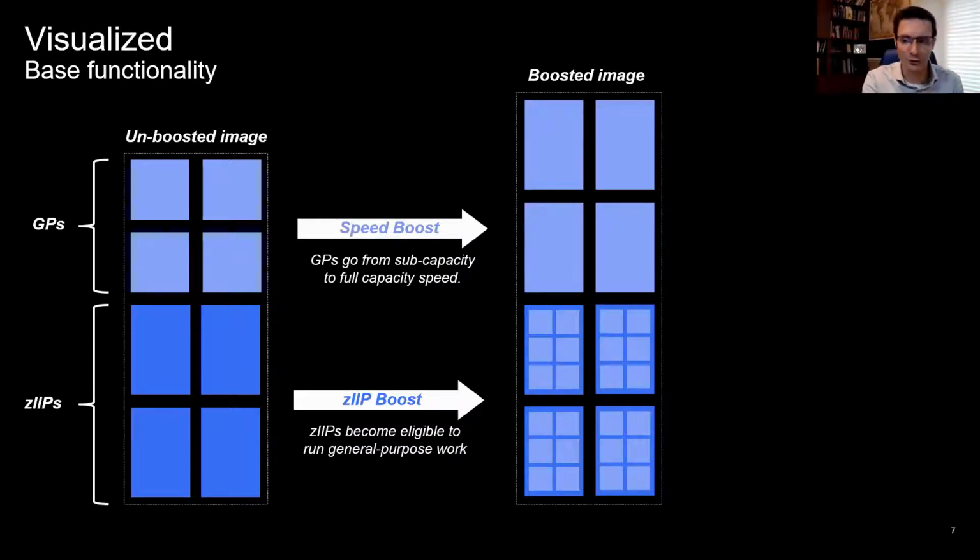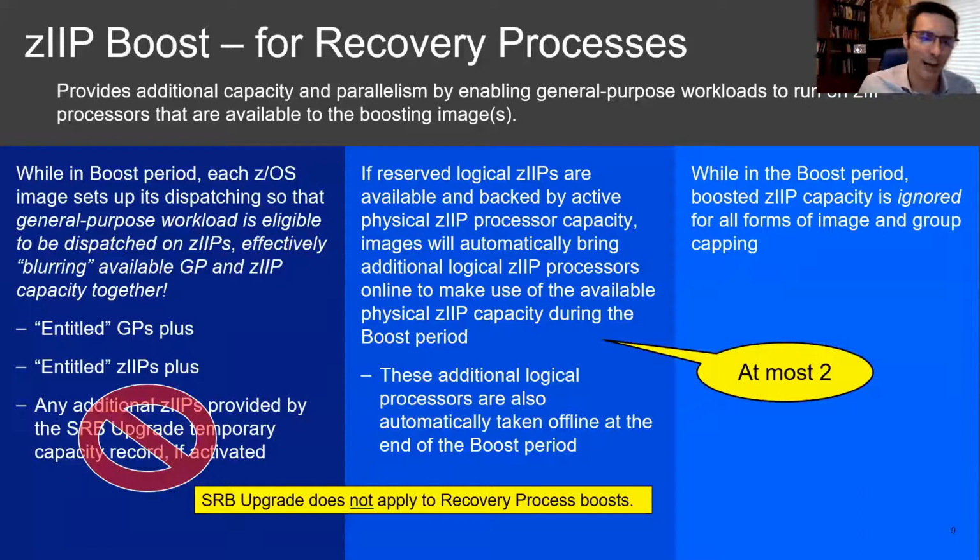Whereas normally, of course, GP work runs on GP processors, zip gets dispatched on zip. So in this case, there's a blurring, and I can use those zips for either zip work or for GP work. So again, having more parallelism, in addition to having larger engines in theory to run in, I have a parallelism aspect as well.